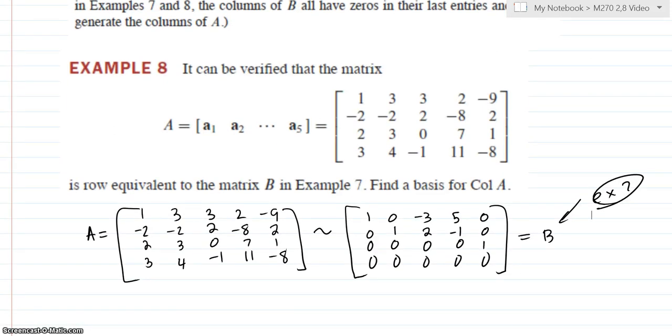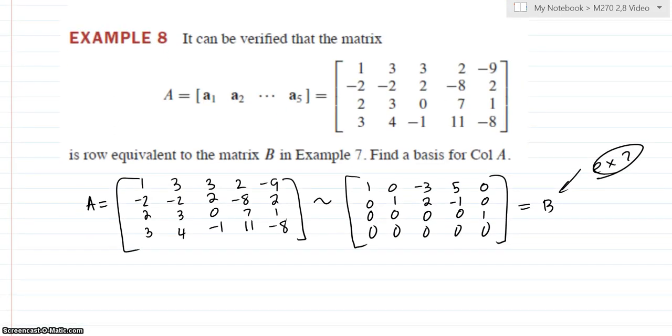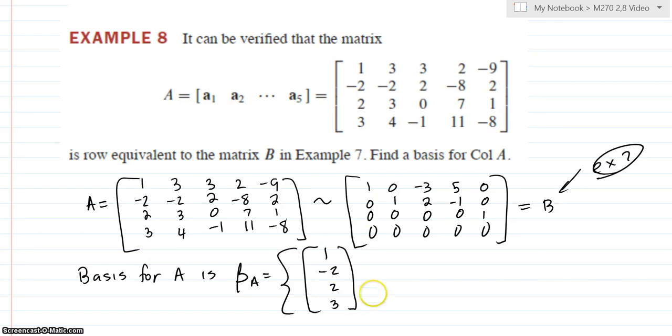It is going to be those pivots. So the basis of A, which I'll call beta of A, is going to be the first column, the second column, and finally the last column, those pivots.